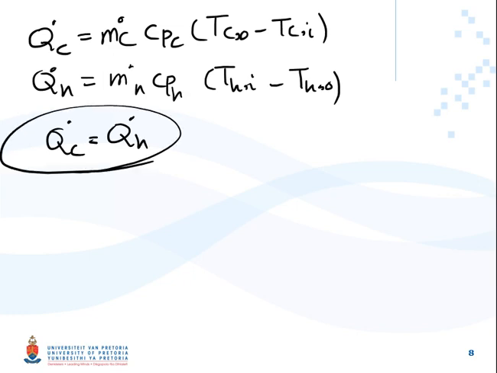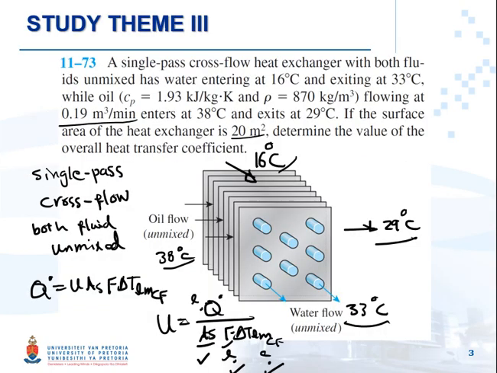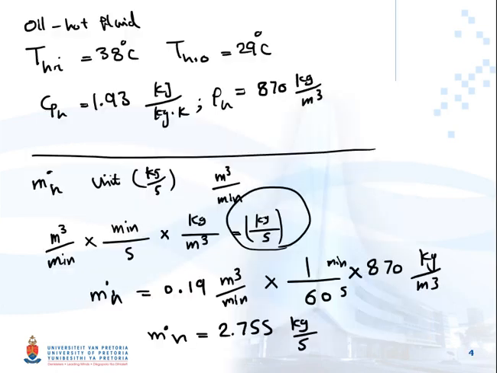So now let's go back and see what information we have. If we go back to the question, we don't have any information regarding the M dot of the cold fluid, which is water, but we managed to find the mass flow rate of the hot fluid, which is oil.